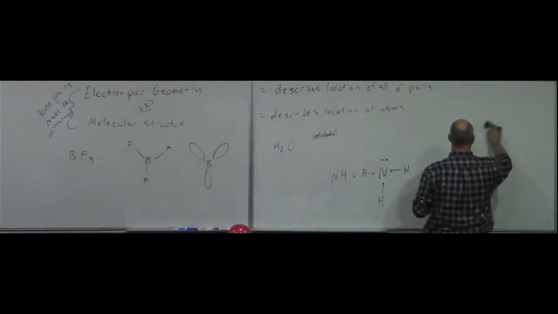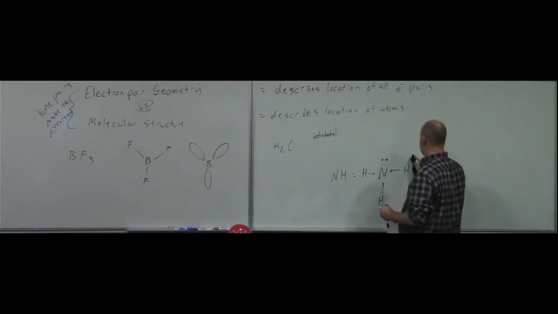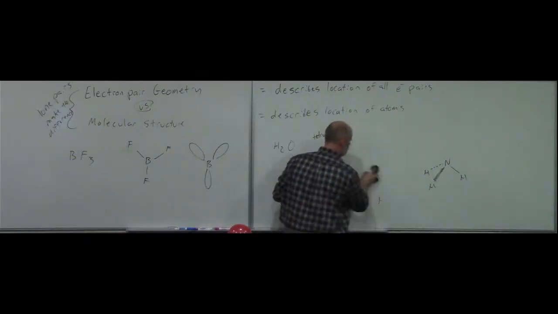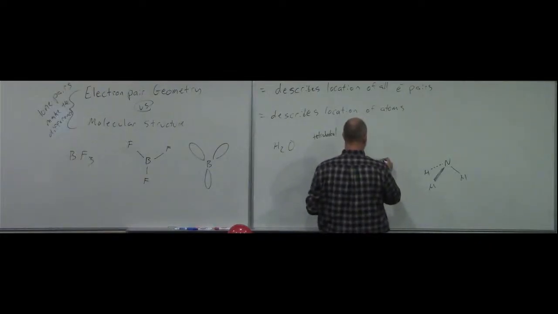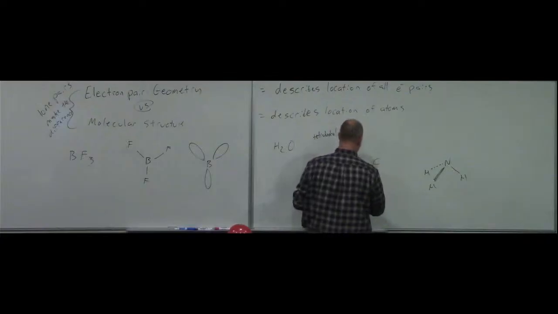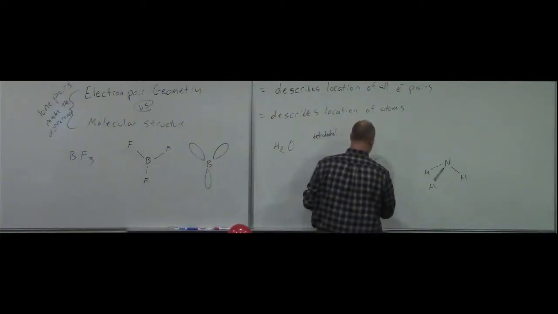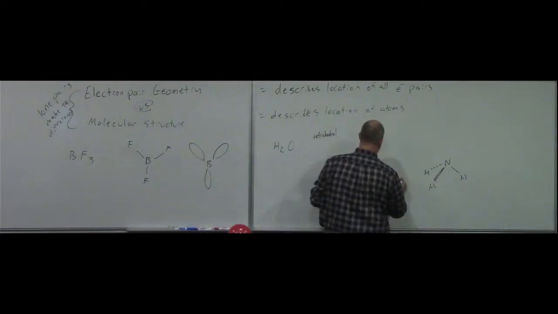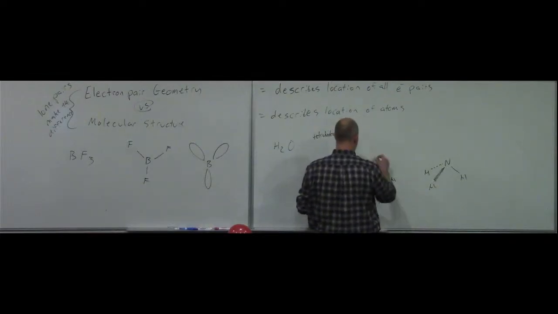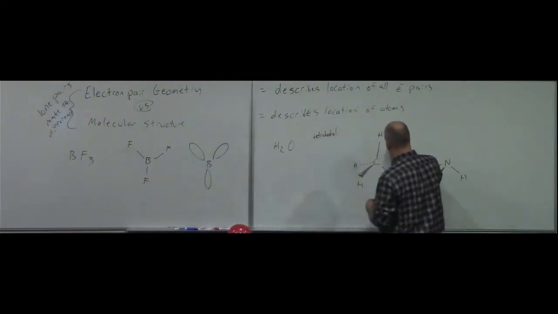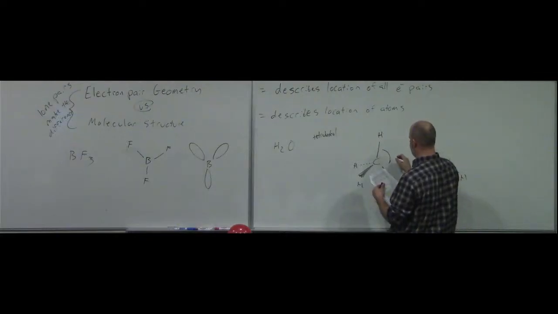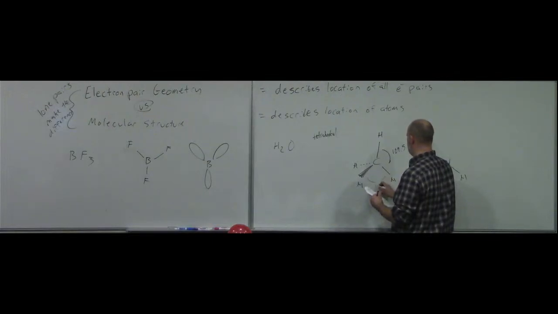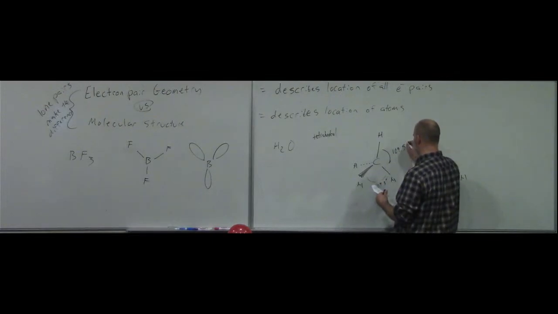So if I have methane, you draw methane, and we'll do ammonia. I know that all these bond angles are 109.5. All of them are, okay?